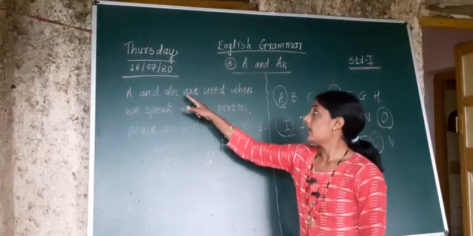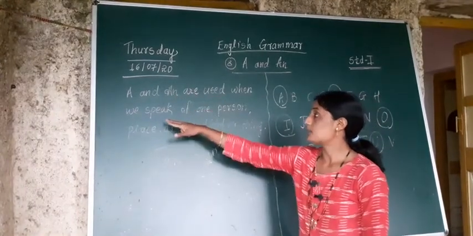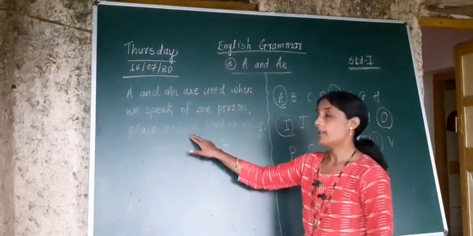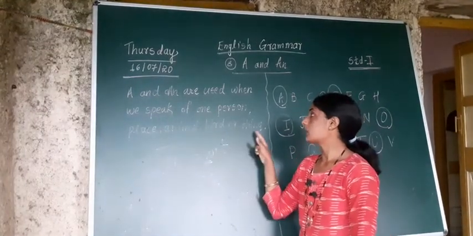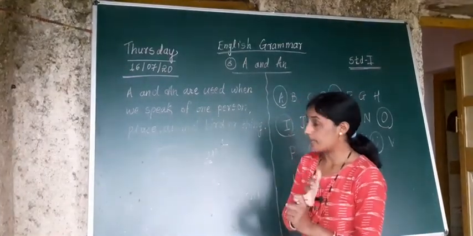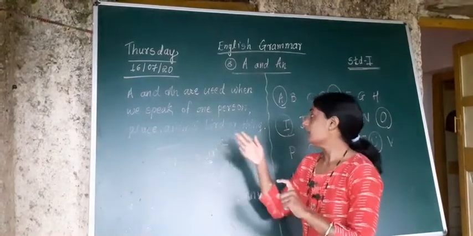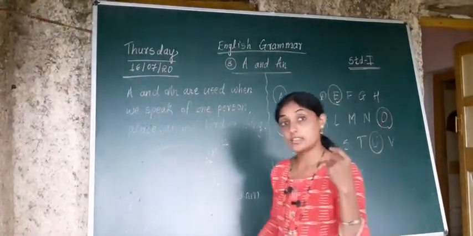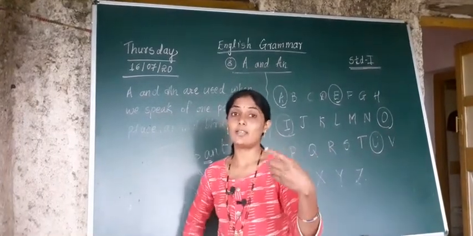And here one sentence is written: A and an are used when we speak of one person, place, animal, bird or thing. When we speak of any person, any place, any animal, any bird, and anything, okay, things can be anything, correct or not?